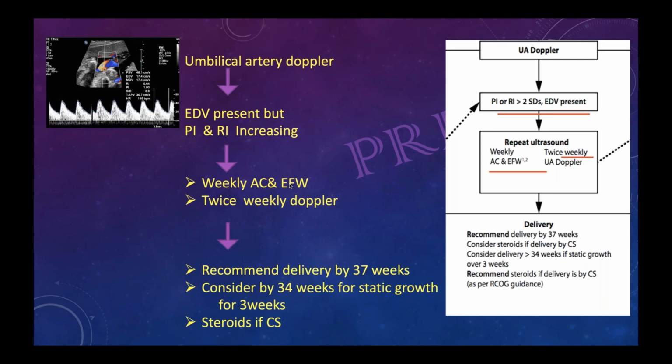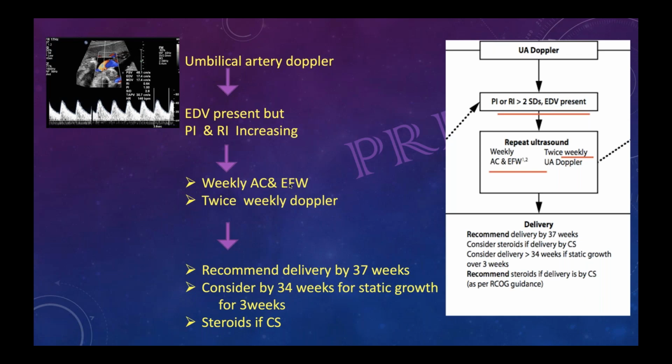So growth assessment every week and Doppler 2 times in a week will be our action plan, and we can't let this pregnancy go on for a longer time. We have to deliver by 37 weeks, but if static growth is there, we can even consider 34 weeks. And steroids, if we are offering cesarean section, we have to offer steroids. That part we already know.